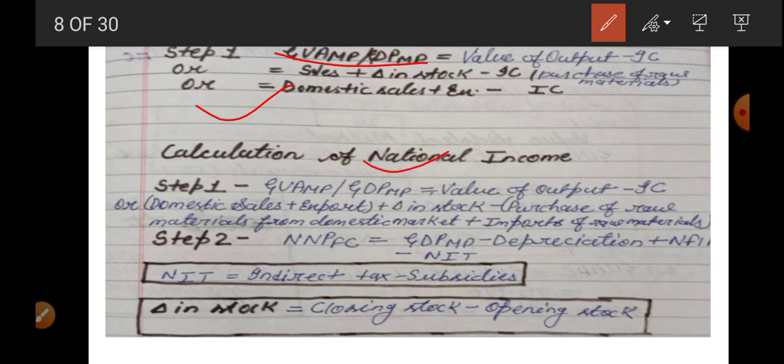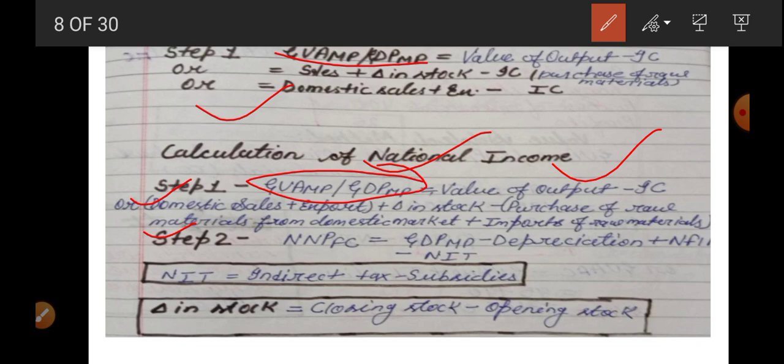So here it is written in a clearer format. Step 1, when we subtract value of output minus intermediate consumption, we get GVA MP or GDP MP. It is the explanation of this value of output: domestic sale plus export plus change in stock. Okay, this is the complete equation.